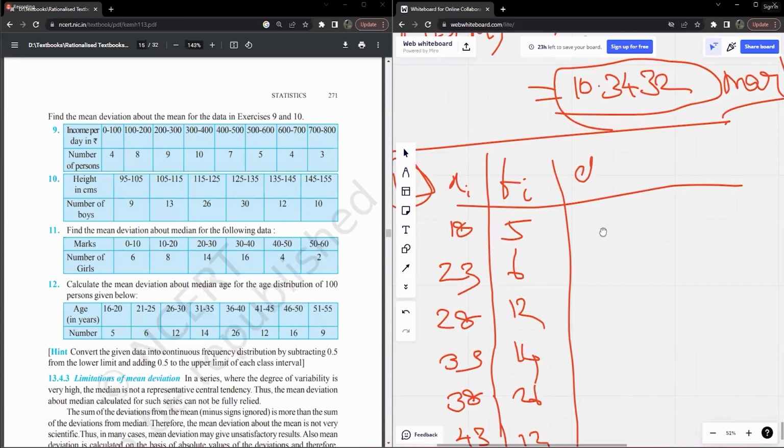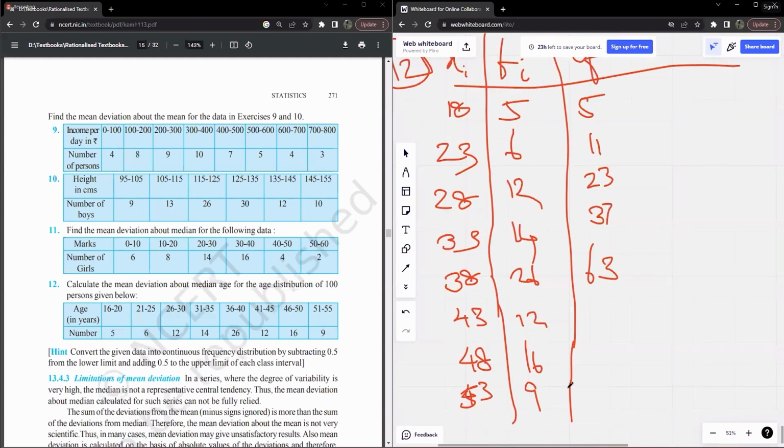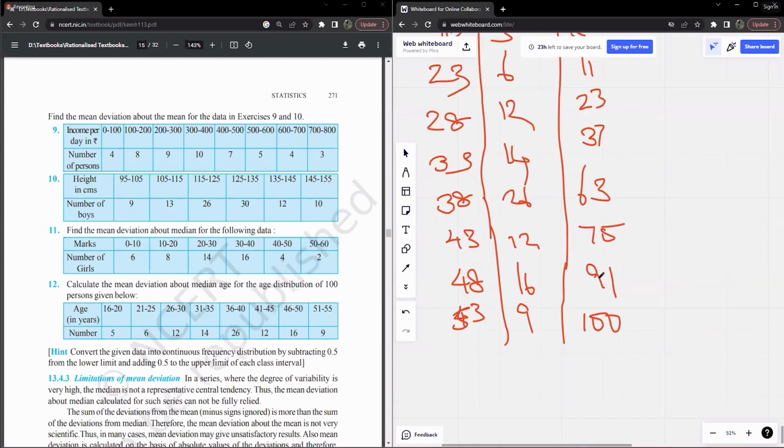Since this is 26, this becomes 37, 60. Then it becomes 75, 91, and 100. And you're given that you have 100 people. Here it is 100. With that, we go to the median calculation.